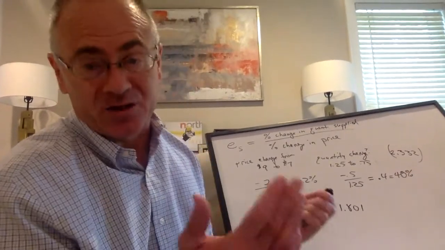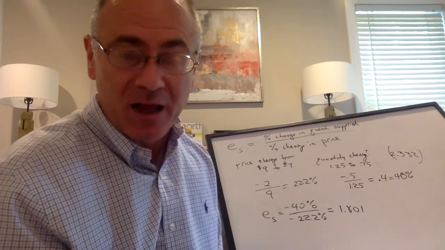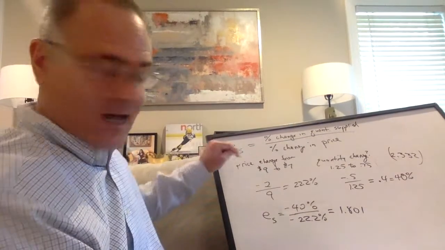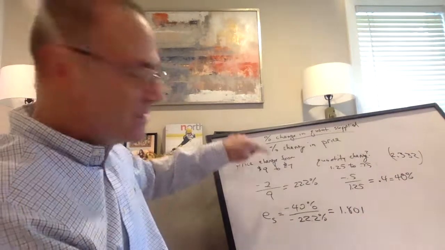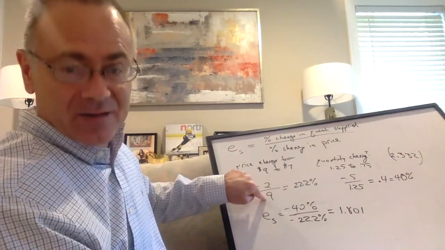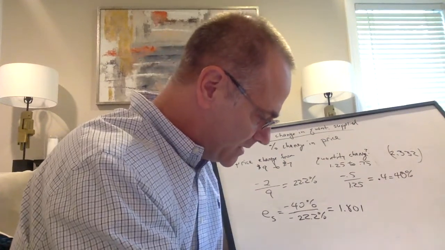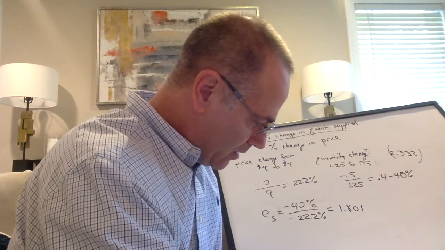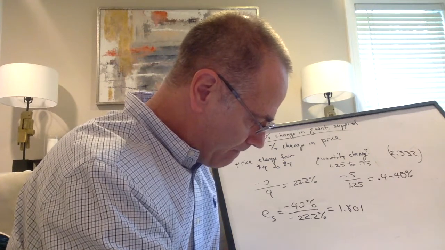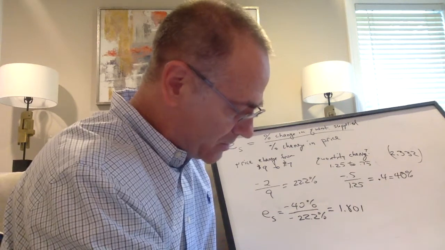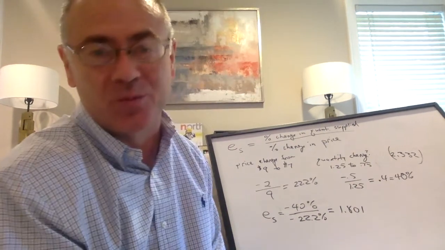Now, how does the book get 2? Let me explain what it does. The key is this base. Last time I used $7 as the base. This time I used $9 as the base. The book says, what if instead we use as a base in calculating percentage changes the average of the two prices?